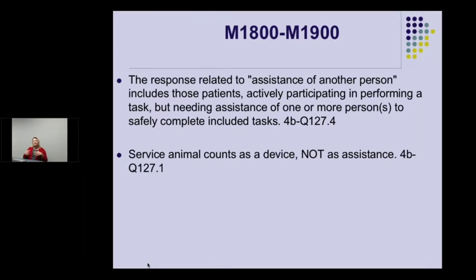Or it could even be just a supervision or a cueing. Maybe they just say, Mom, don't forget to use your walker when you walk. Service animals count as devices and not as assistants. So if you have a service animal, you have to count it as a device.